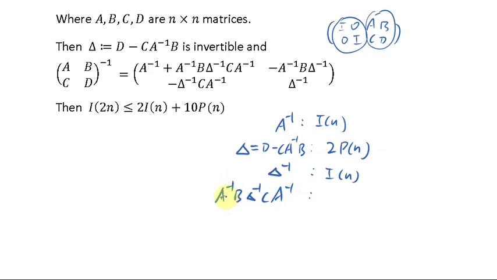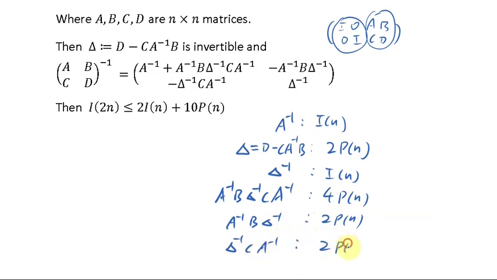So we need 1, 2, 3, 4 matrix multiplications, and to get this, we need 2 matrix multiplications, and to get that one, we need another 2 matrix multiplications.